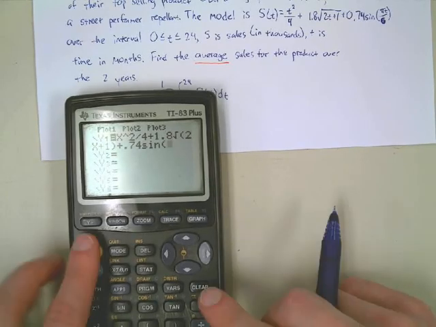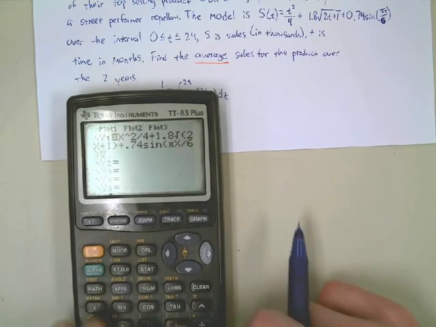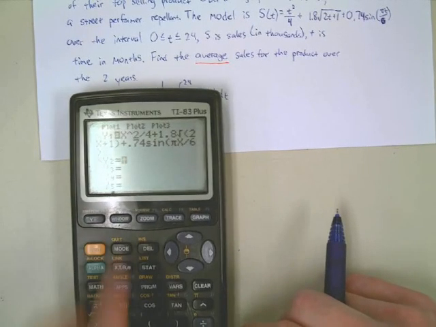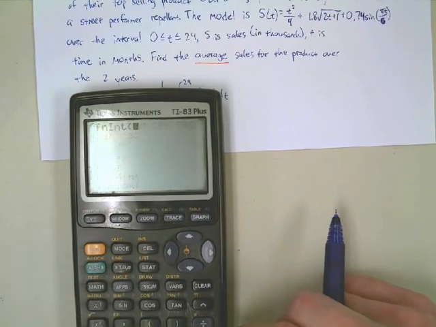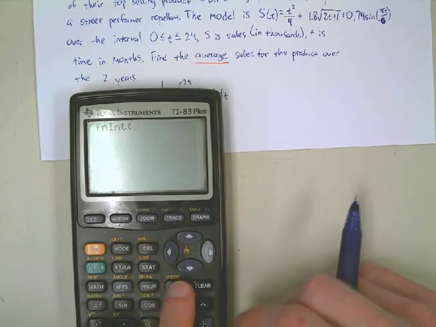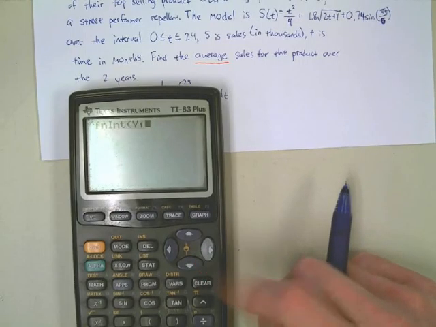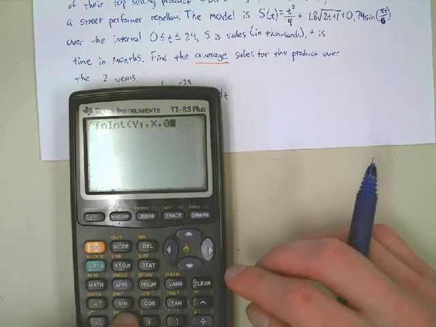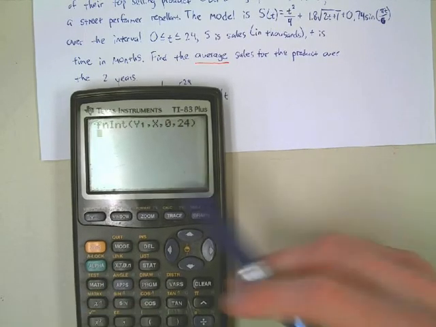Then go back to your home screen, math 9 for the integration function. Vars, y-vars, function, y1, comma x, comma 0, comma 24. So Anna, there's the setup right there. All right, hit enter.